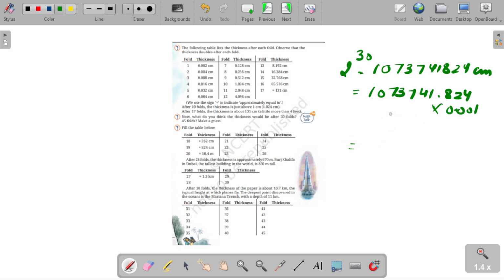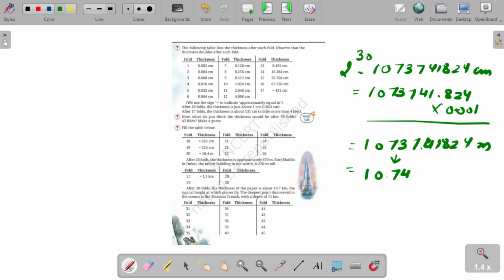And when I need to convert this whole into meters, it will be 10,737.41824 meters, and when I need to convert it into kilometers, then it becomes 10.74.